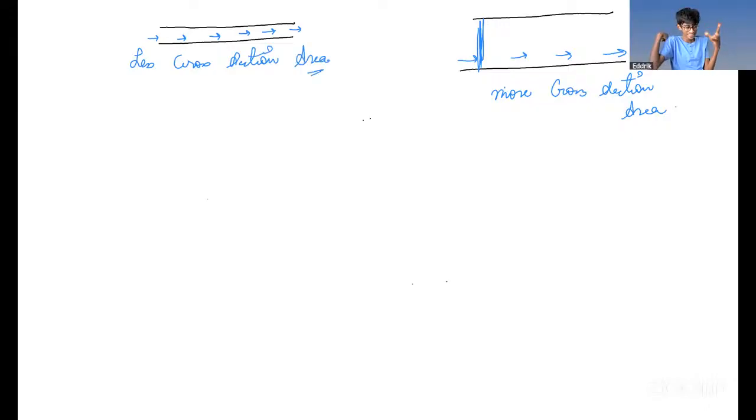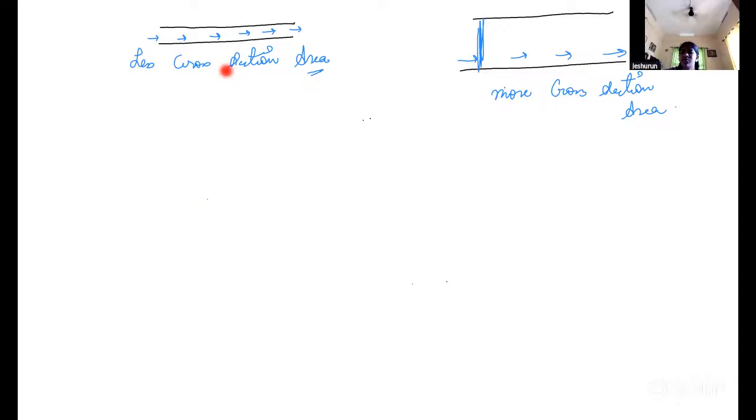Now you tell me, I will ask this question from Jashron. Option A or option B, in which of them can the water pass easily? Option B. In option A, you need a lot more force.